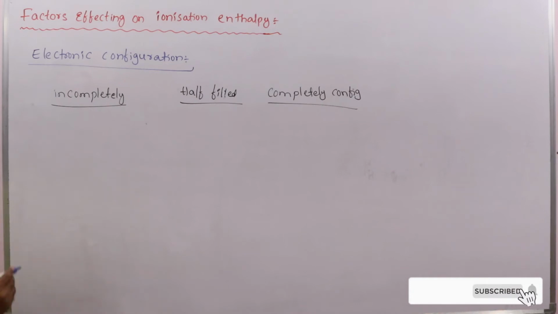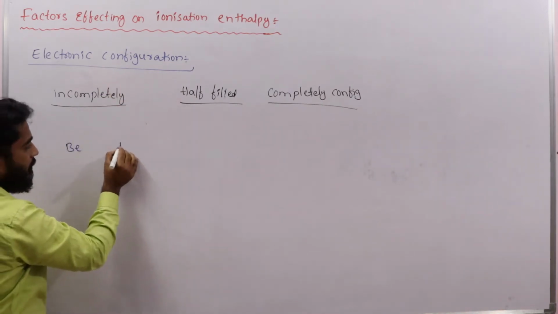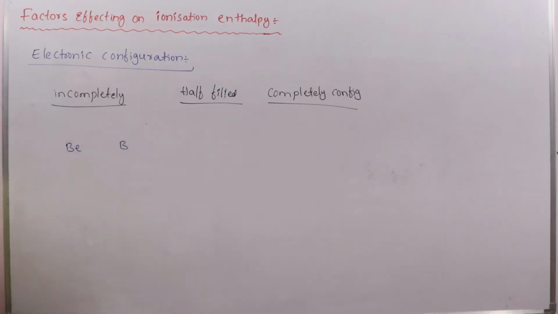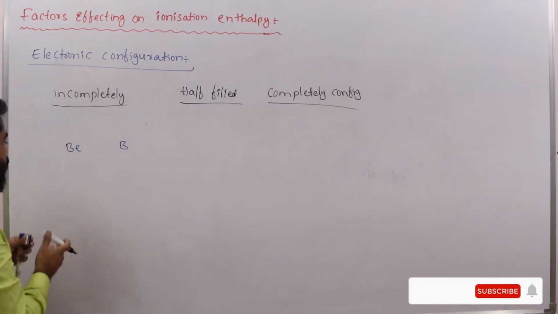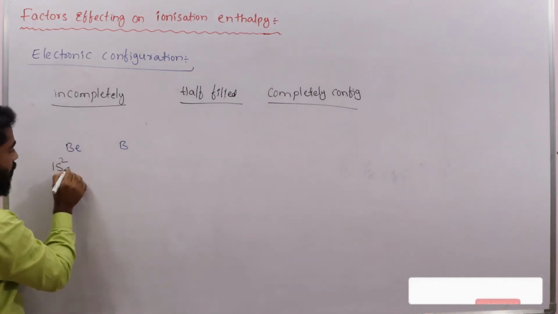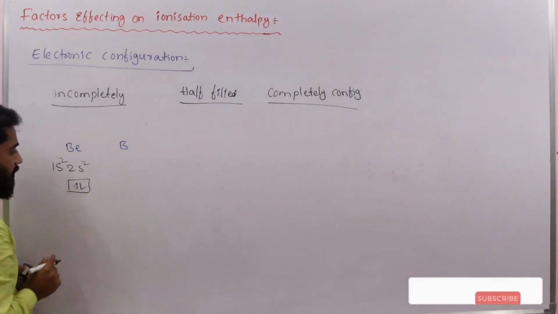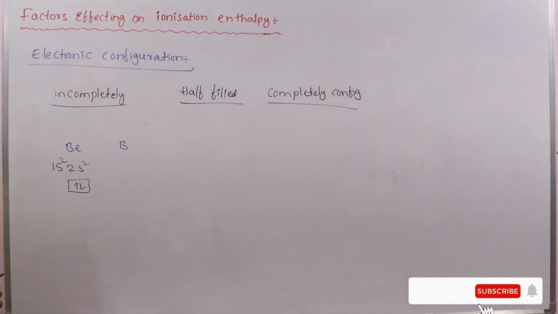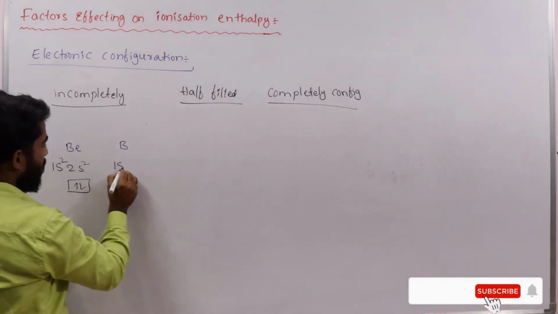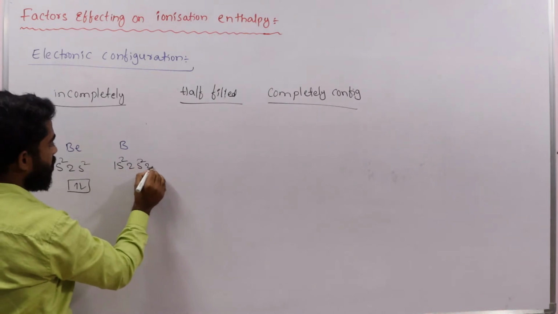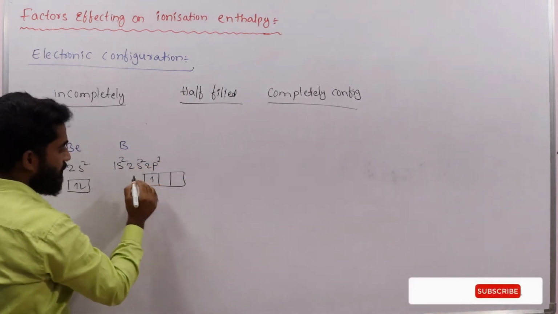For example, take beryllium and boron. What is the electronic configuration of beryllium? 1s2, 2s2. Here the outermost shell is completely filled. Boron's electronic configuration is 1s2, 2s2, 2p1. In the 2p, only one electron is present.